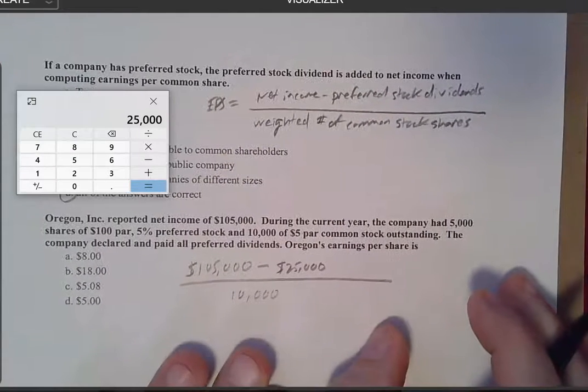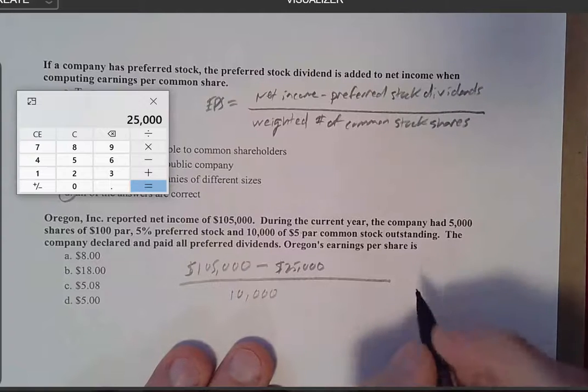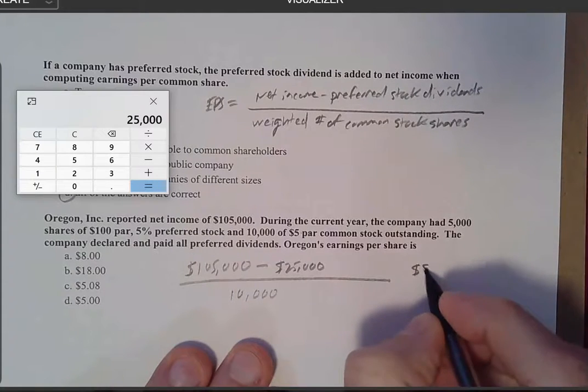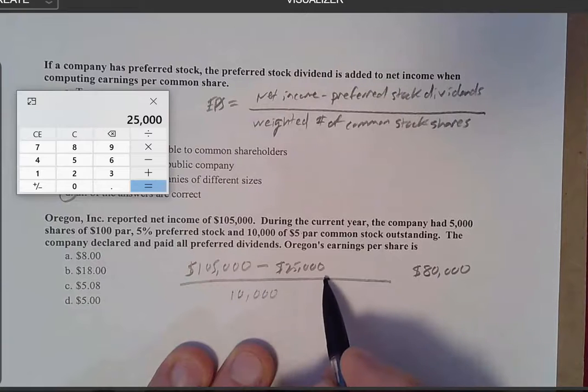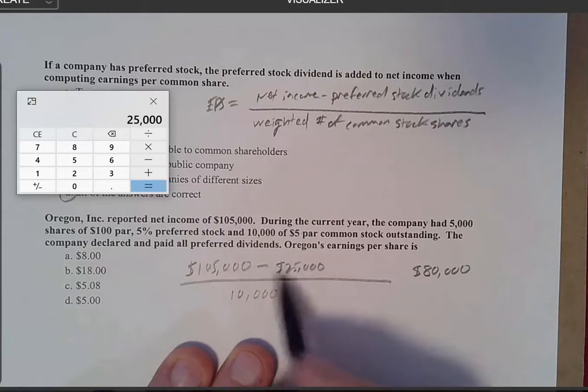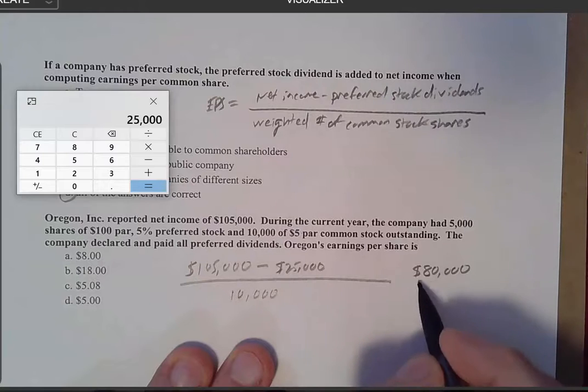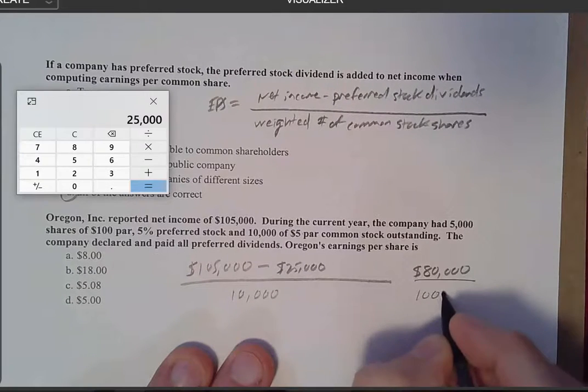Just to be absolutely certain that we're on the same page, I'm going to actually do this math. 105,000 minus 25,000 is 80,000 over 10,000.